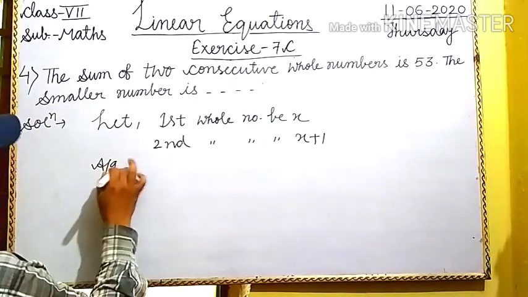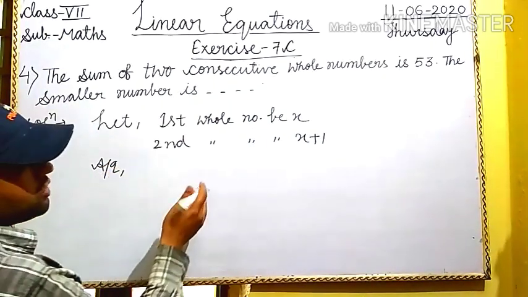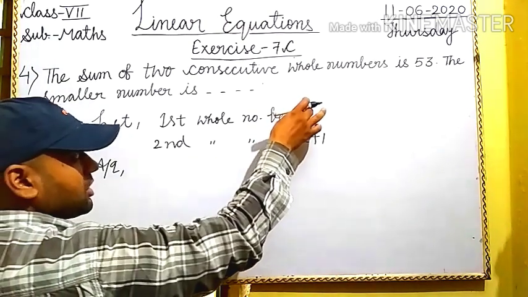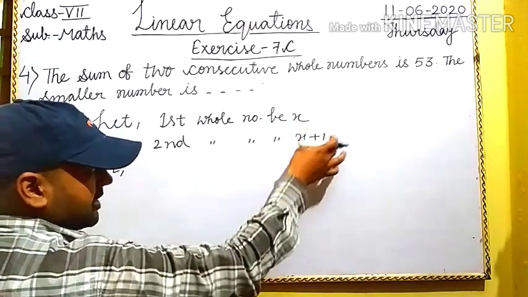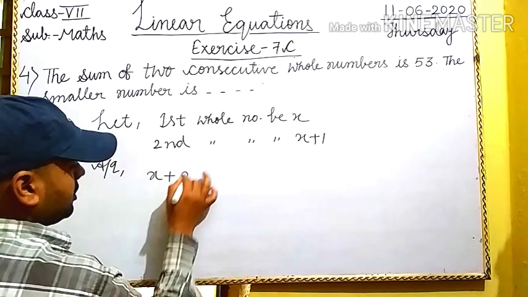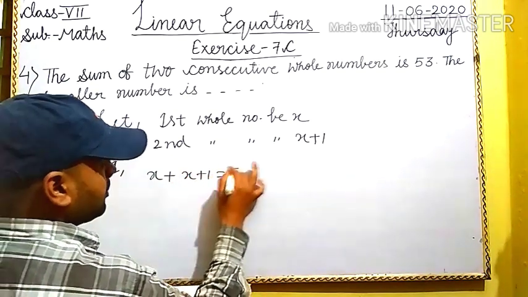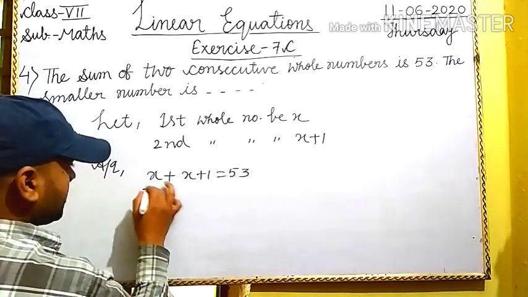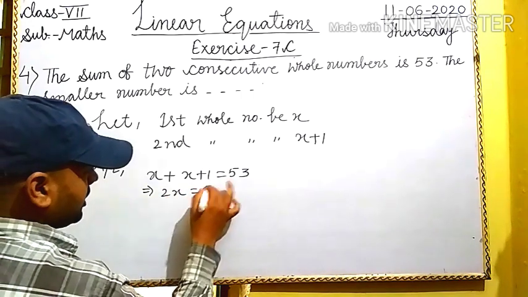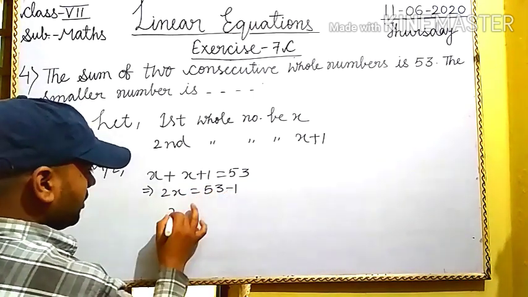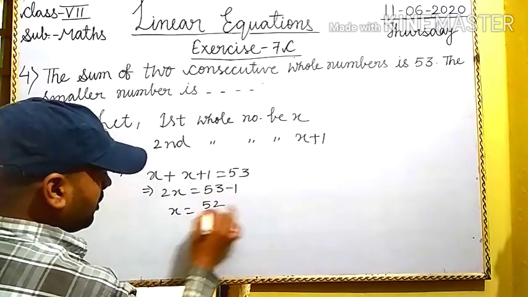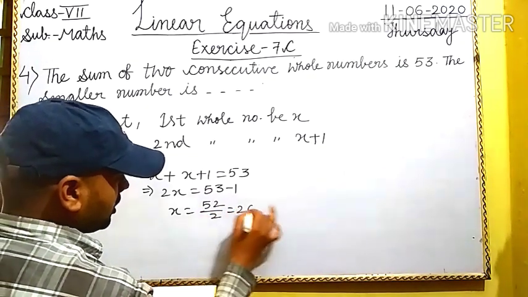According to the question, the sum of two consecutive whole numbers. So the consecutive whole numbers given are x and x plus 1. The sum we add, we get 53. The x plus x is 2x, 53 minus 1. The x is equal to 52 upon 2, which is equal to 26.